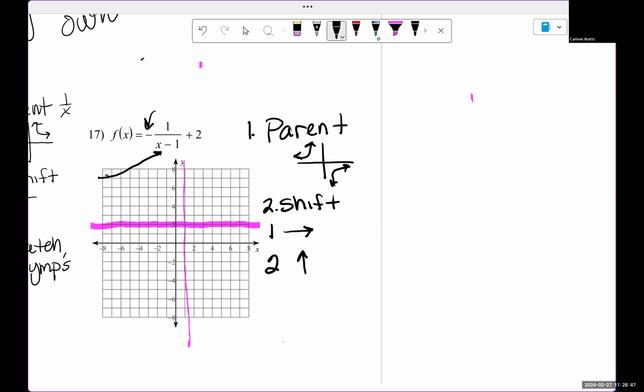Okay, those are the asymptotes. Next, sketch the graph. And remember that it has a negative in front, so it has been flipped.